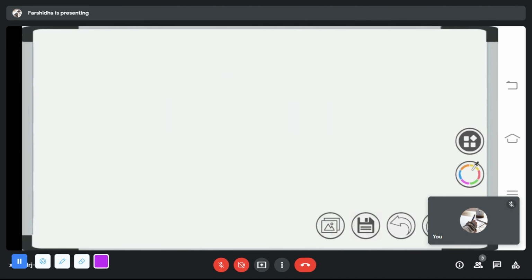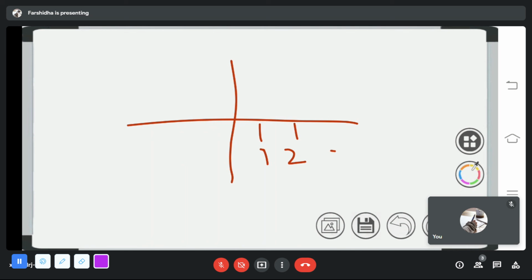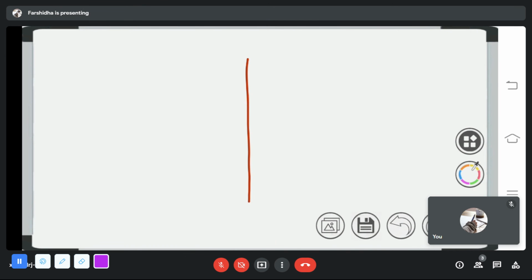Okay, example number 4. Plot the following ordered pairs (x, y) of numbers as points in the Cartesian plane. Use the scale 1 centimeter is equal to 1 unit. 1 centimeter is equal to 1 unit means you need to take 1 unit like 1, 2, 3, 4. In some cases we have taken 5, 10, 15.